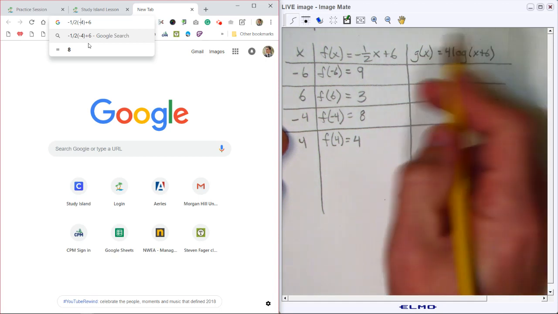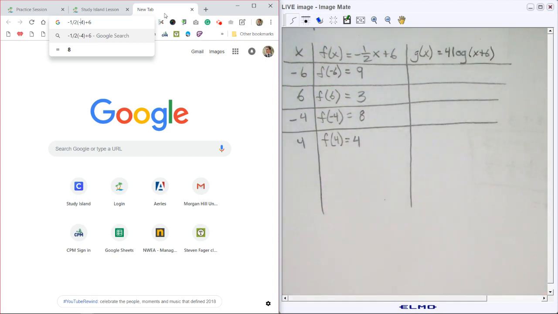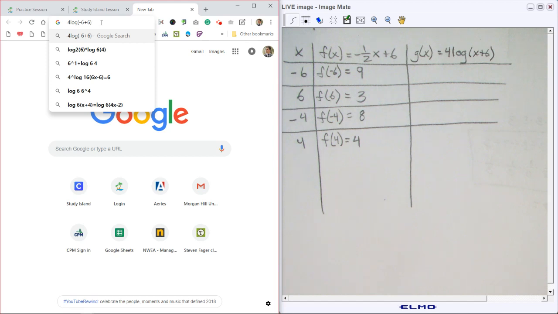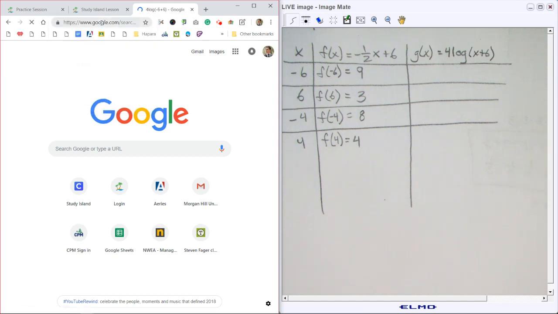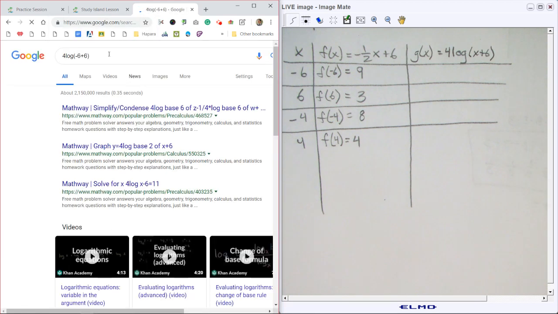Now, this one over here, log. Log is a little different. So if you have a log function, I don't know if Google will do a log function. Let's see if it does it. 4 log x plus 6. I doubt it. Negative 6 plus 6. Yeah, that's not going to come up with an actual calculator. So let's see if it brings up the calculator.